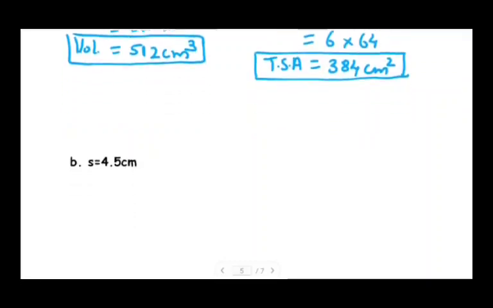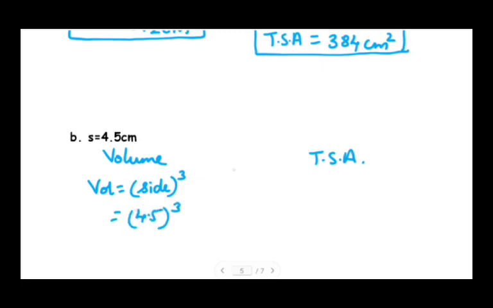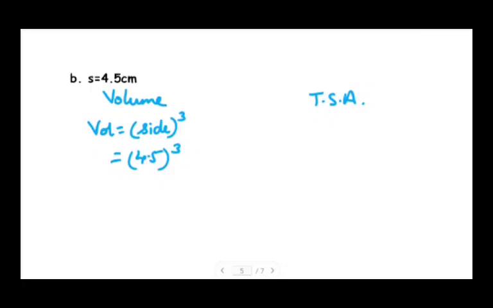Next sum on cube again. Volume on this side, TSA on the other. Formula for volume is side cube. Side is 4.5 raised to 3, which is equal to 91.125 centimeter cube.